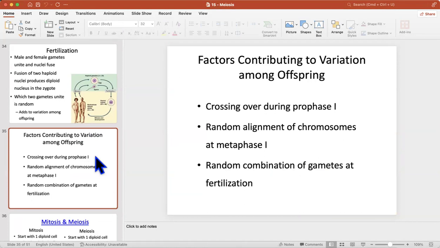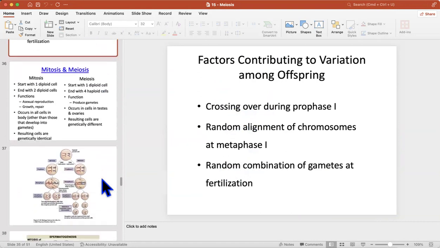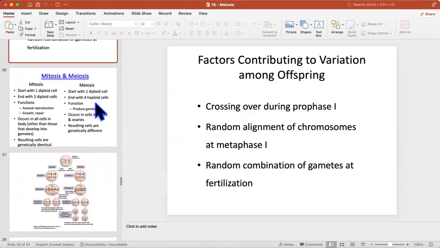So when we list the factors that contribute to the variation among offspring, why our siblings and us look different, it's because we have the crossing over, and we also have the random alignments, and we also have the random combination during fertilization. So all this increases the diversity.